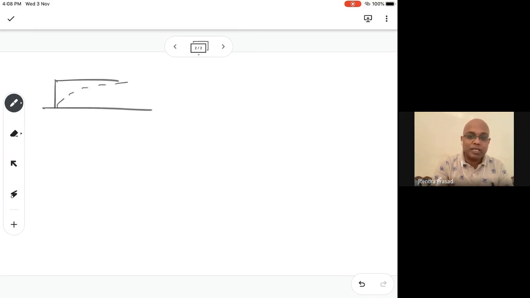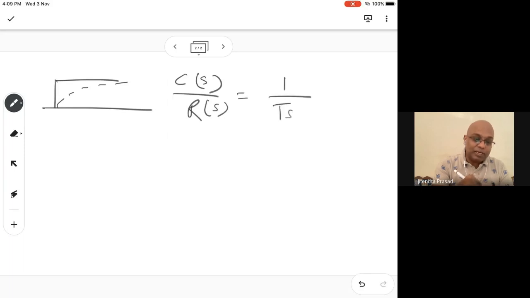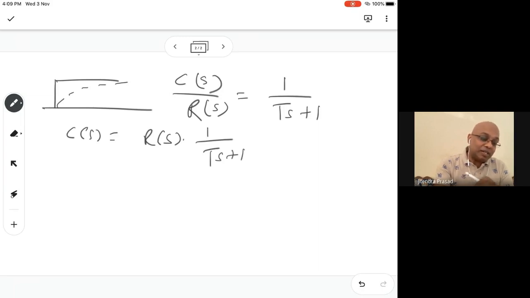How do you find it? Typically we write C(s) over R(s) equal to 1 over (Ts plus 1), or C(s) equals R(s) multiplied by 1 over (Ts plus 1).